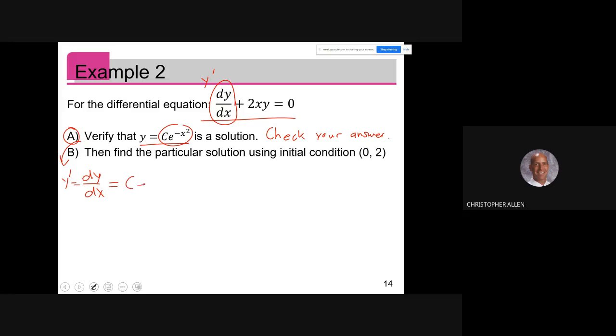So that's going to be c e to the negative x squared times the derivative, using the chain rule, of negative x squared, which I think is negative 2x. In other words, dy dx is going to be negative 2cx e to the negative x squared.